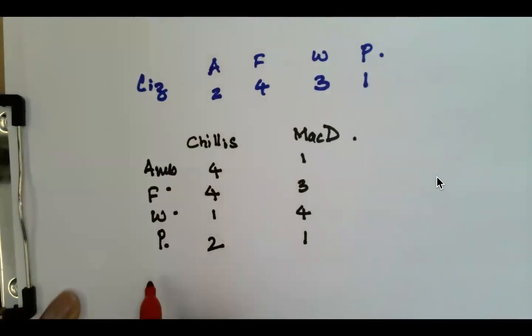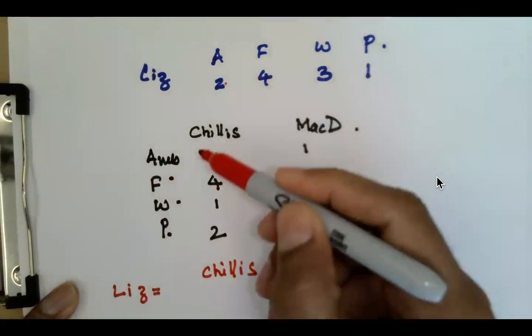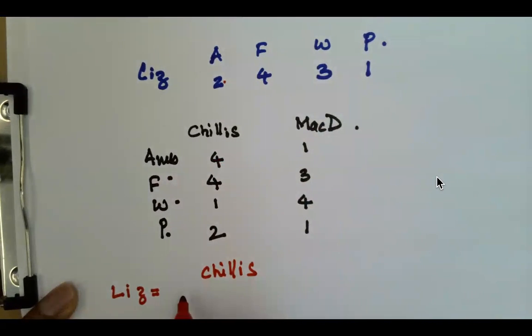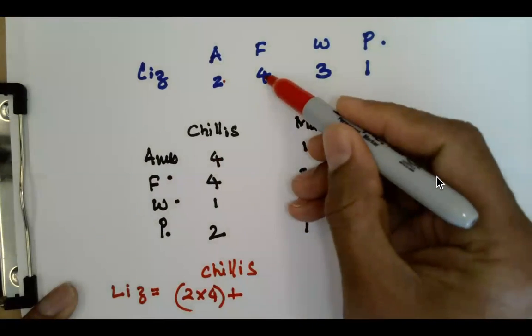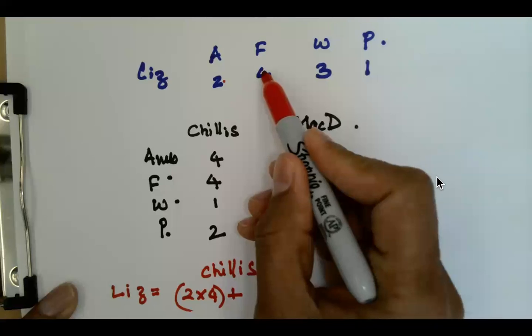What we're trying to do is compute, for Chili's, what the score would be for Liz. So we multiply ambience by the ambience score, 2 times 4. Then we sum it with the next score, food, which is 4 and 4.